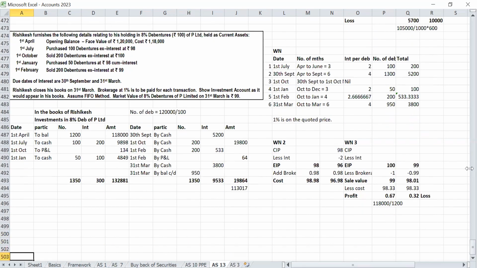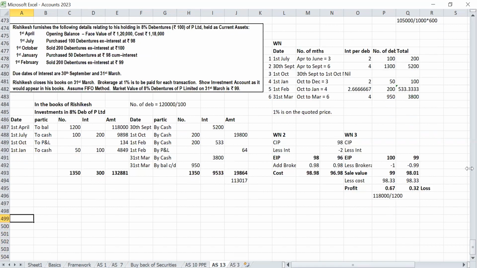Next, valuation. Market value is given at the last. Yes, sir, 8% market value of the debenture is given. So working note number 7 will also come. What is the cost? Balancing figure: 132,881 minus 19,864. So this is the cost.